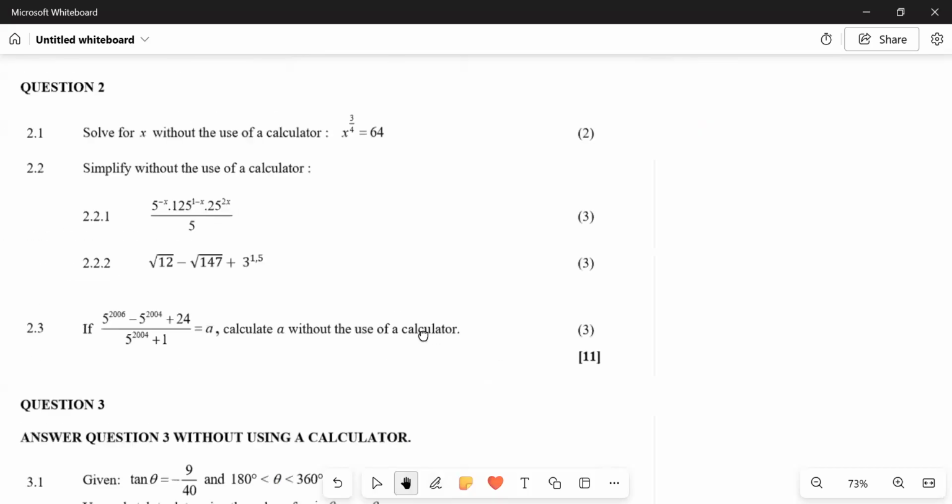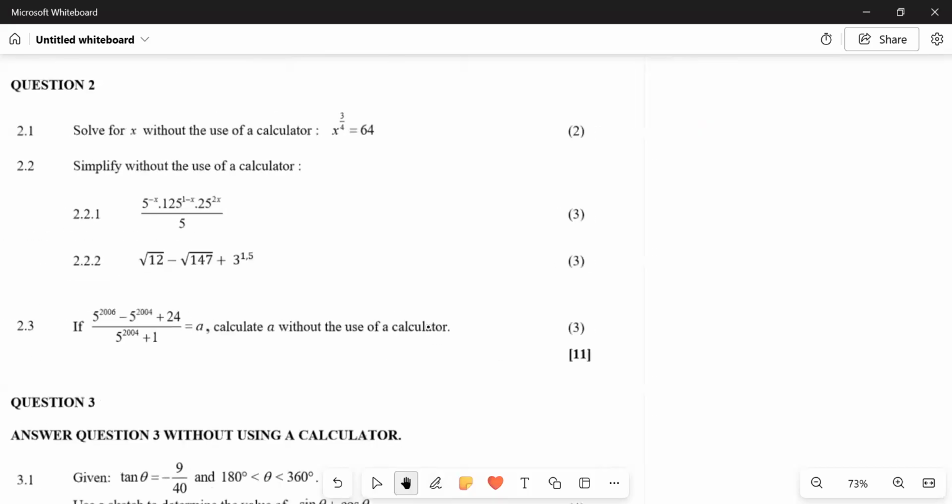Question 2. So question 2, solve for x without the use of a calculator. We are given, okay, this is 2.1, x to the power of 3 over 4 equals 64. So these are rational exponents, right? So how do you solve rational exponents?